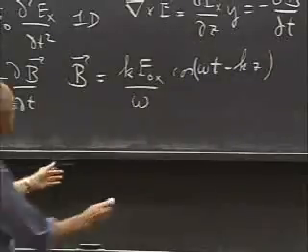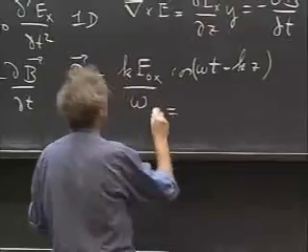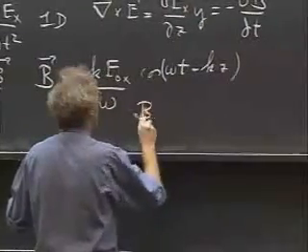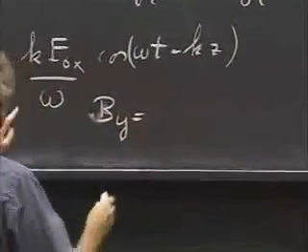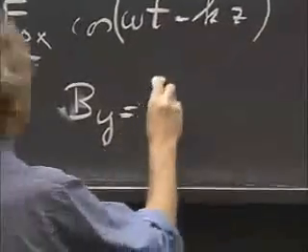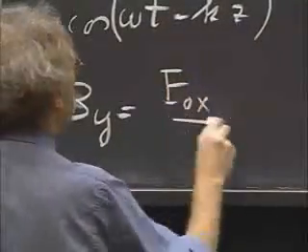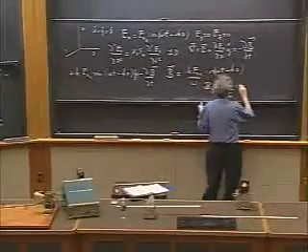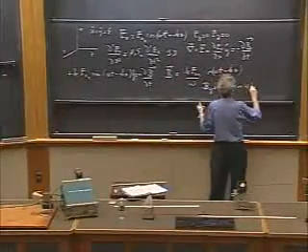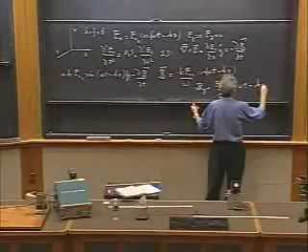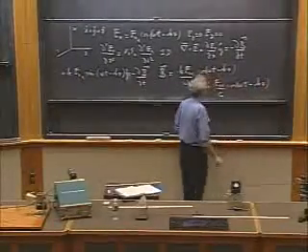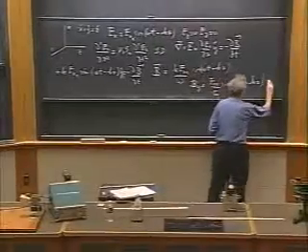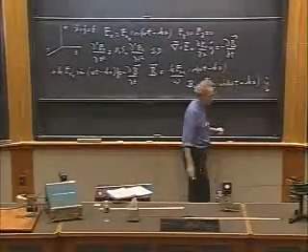And so I can also write this now, that B in the y direction, to indicate that it is in the y direction, E0x divided by c, because omega divided by k is c, times the cosine omega t minus kz. And just to remind you, here is your y again.